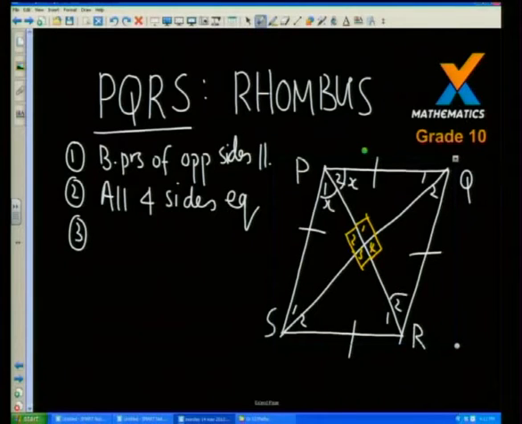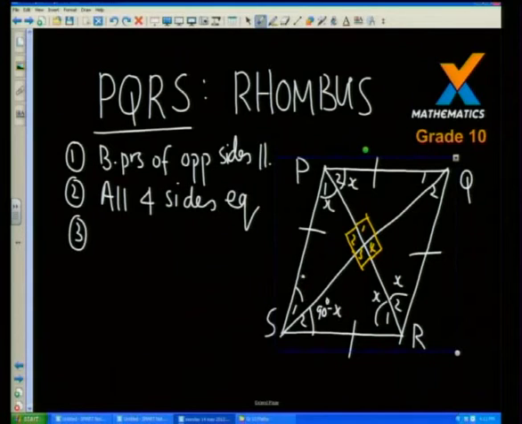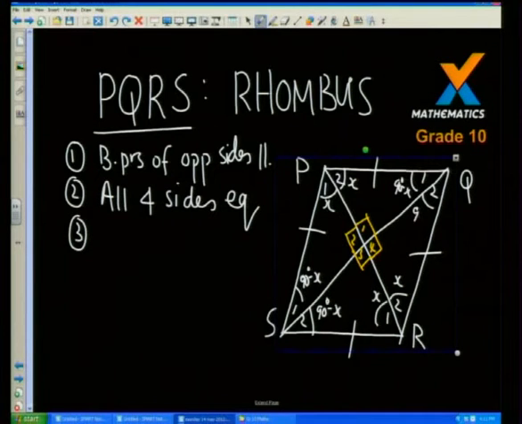And we've got that because these are all equal, this is also equal to that. So this angle over here will be 90 minus x, and this angle will be 90 minus x. And so will that one. This one will be 90 minus x, and that angle will be 90 minus x. So we have the diagonals.